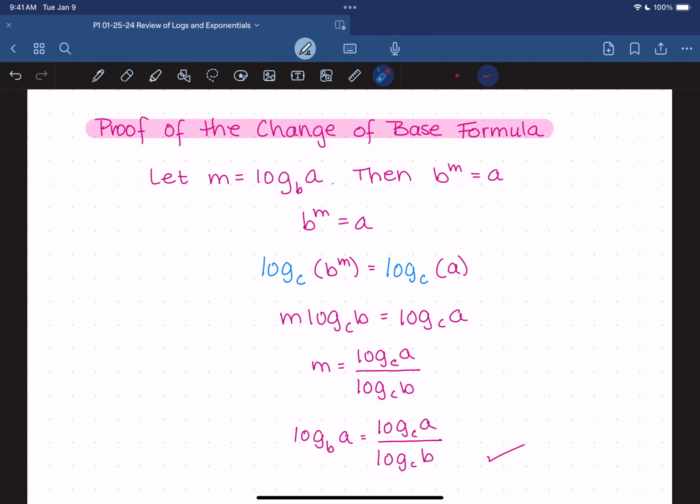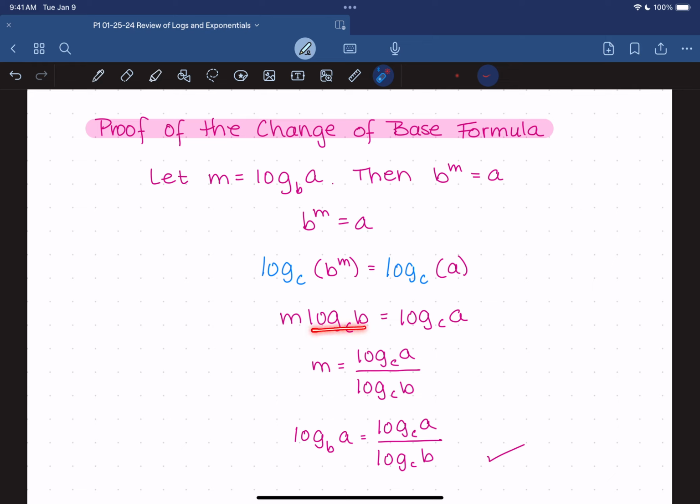Once again, I'm going to start off with m equaling log base b of a around the world. I know that b to the power of m is a. So if I start with that, and then remember, change of base, I'm going to introduce a brand new base. So I'm going to take log base c of a new base of each side. Using that power property we just proved, I can move this m out in front and multiply it by the log.